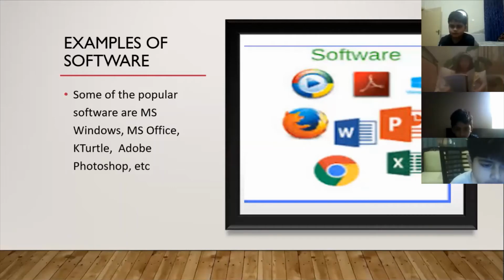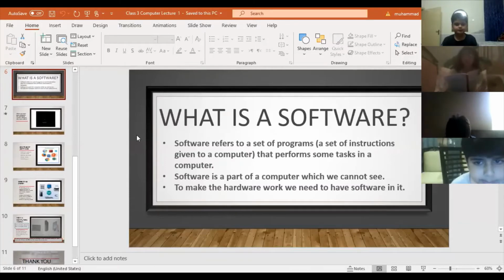I'm going to repeat it again. What is the main difference between hardware and software? Hardware refers to the parts of a computer that we can touch or feel. Software refers to a set of programs that perform some tasks in a computer. Now I'm going to explain what an operating system is, then all these things will be very clear to you.